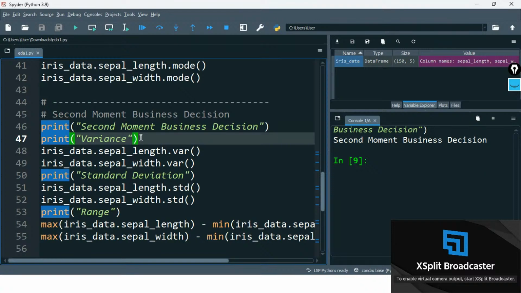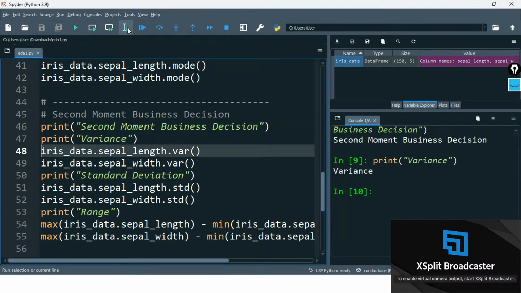Then I'm printing variance. The first measure of the second moment business decision is variance. So I'm printing variance to the console. Done.